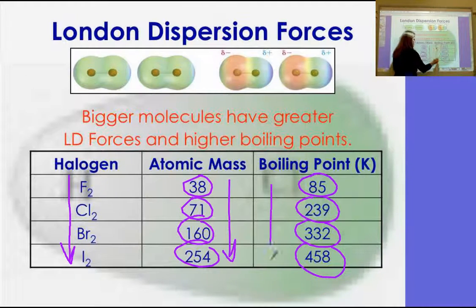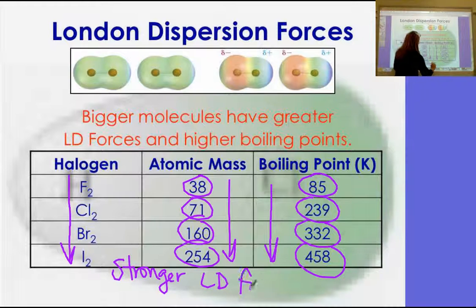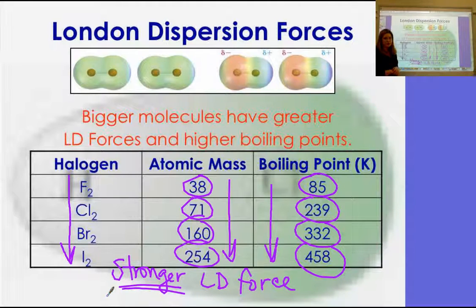As the mass increases, the boiling point increases because these ones down here have a stronger LD force that holds the molecules together. Bigger molecules have greater, stronger LD forces and therefore higher melting and boiling points.